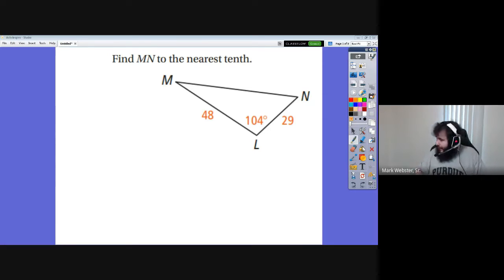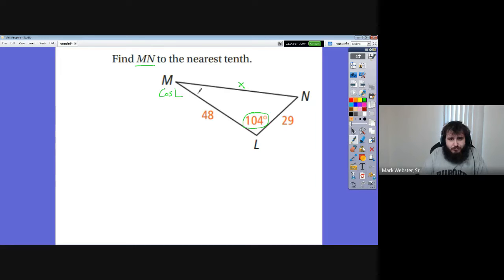Alrighty, let's go ahead and go over this problem. So once again, let's identify what it is that we're looking for before we do anything else. They want to find MN. That's this one, right? So now that we've done that, let's identify our angle that we have to work with. 104. Angle L, right? So let's write that out.